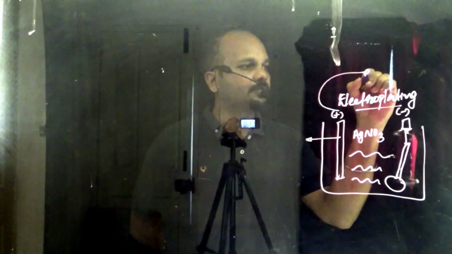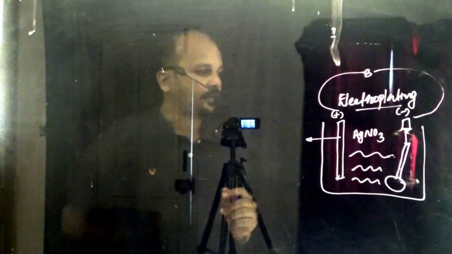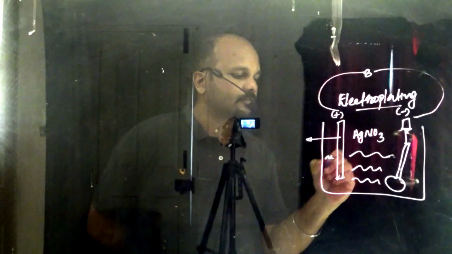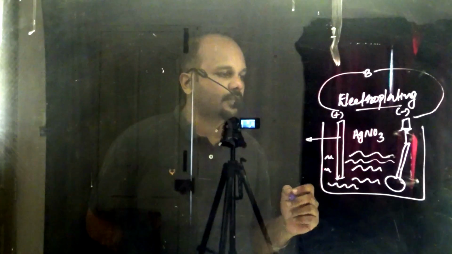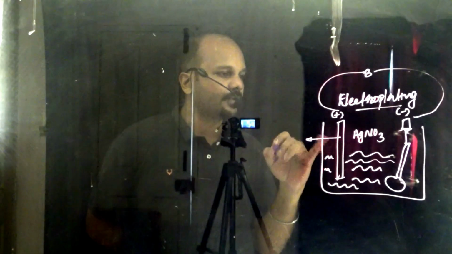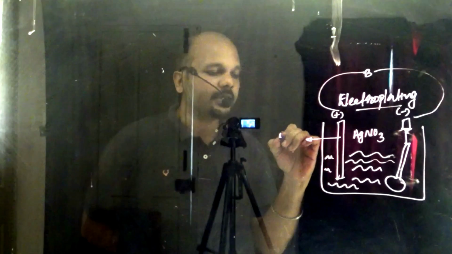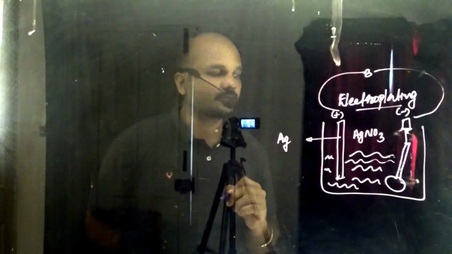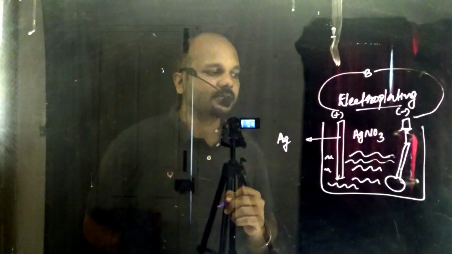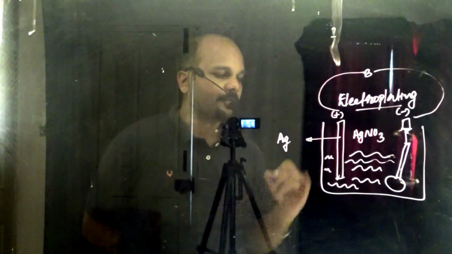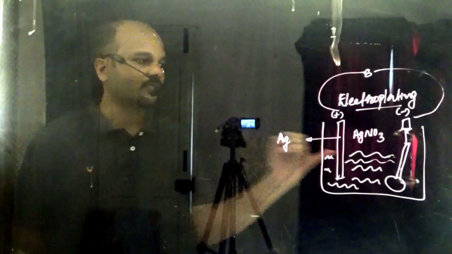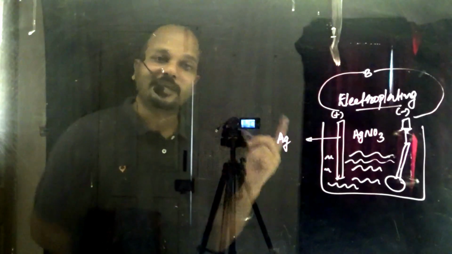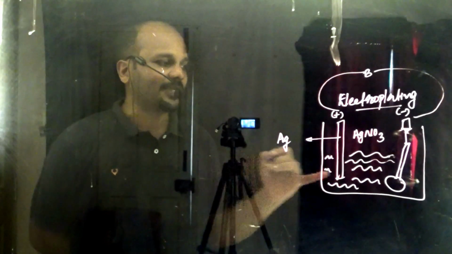This is connected to a battery. Here, as the anode, you will be taking silver. What shall happen when you take silver as the anode and the electricity passes? We will see what will happen, and from that I can tell you the applications.